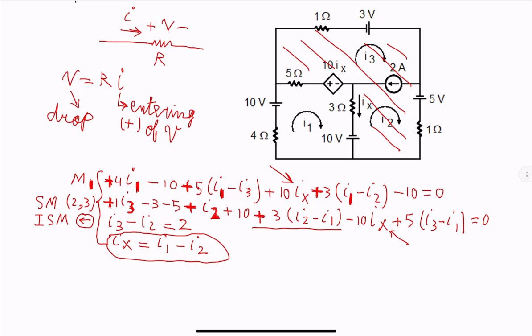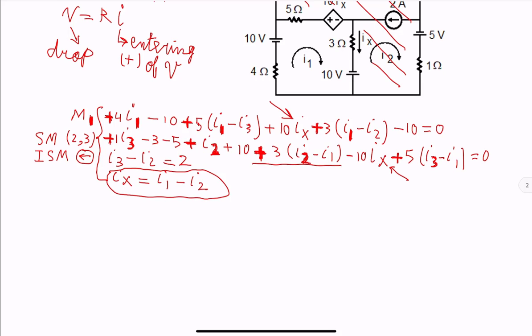So if you had made a mistake here, if you had written this as I1 minus I2, we would right away know something is wrong, because this should be positive I2 minus something. Mesh 2 and 3, positive I2 or positive I3. I hope this is clear.